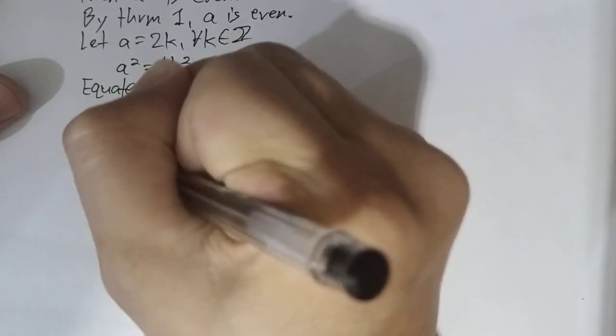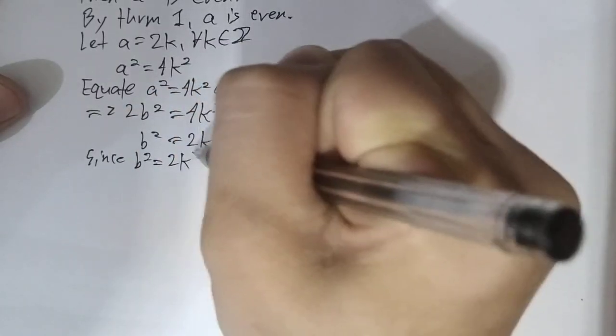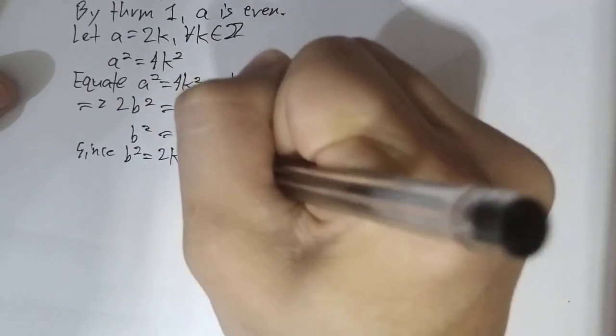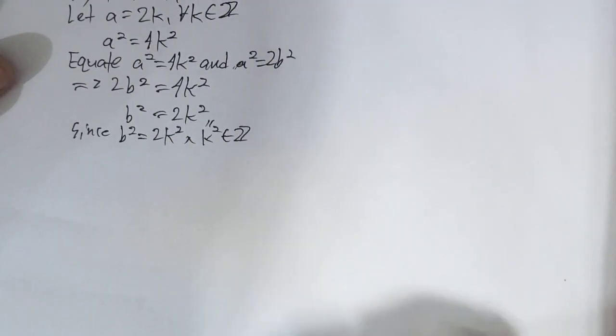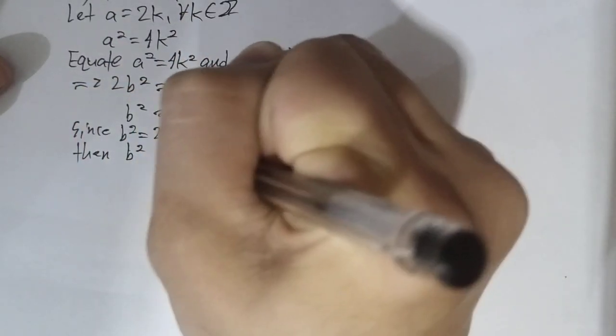Next, as we can see, since b squared equals 2k squared, and k squared is an integer by the closure property, we can also say that b squared is even.